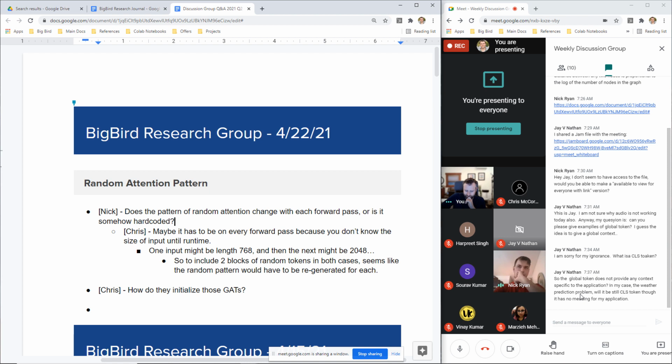I'm not sure about your specific domain, but you can discard the CLS token. You don't necessarily need it. Whatever transformer architecture you would go with probably wouldn't include it.